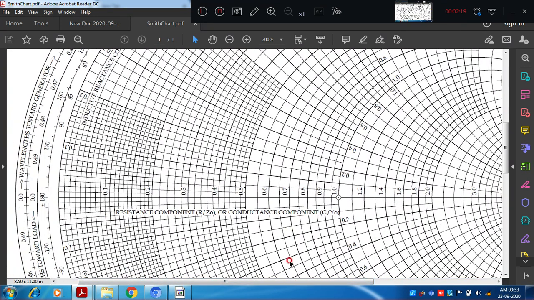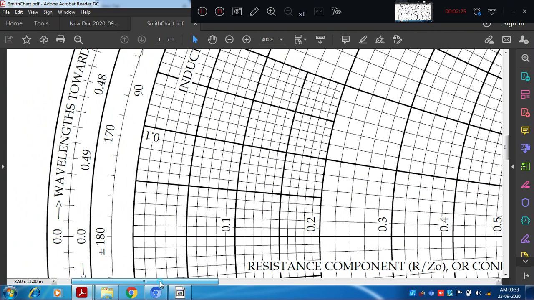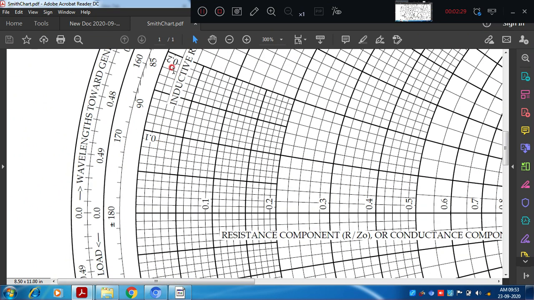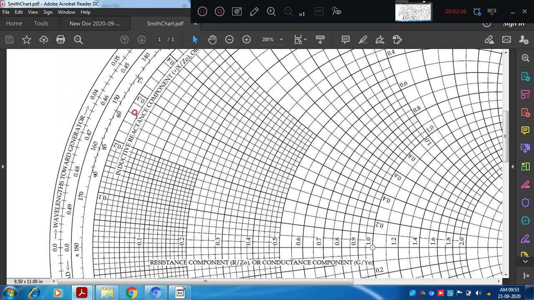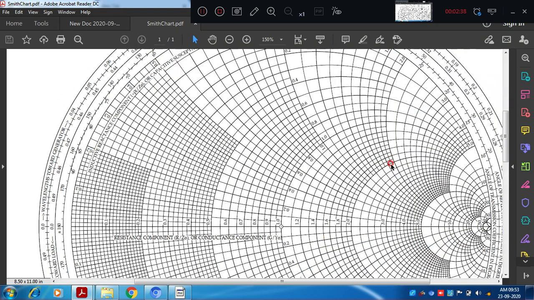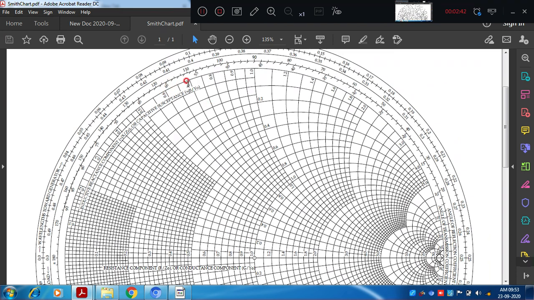If you want to see the constant reactance circles, you can see the values here. Here it is 0.1, then 0.2, 0.3, 0.4, 0.5, 0.6, 0.7, 0.8, 0.9, 1, 1.2, 1.4, 1.6, 2, 3, 4, 5, and so on.